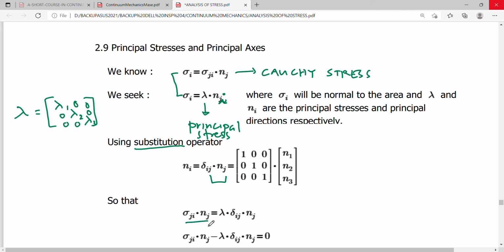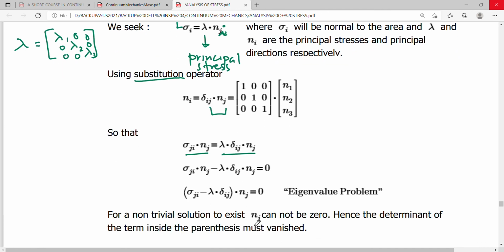We will yield now to these two equations, upon which, by simply making use of factoring, collecting similar terms nj, we now created a value inside the parentheses equivalent to sigma ji minus lambda delta ij, known as an eigenvalue problem.